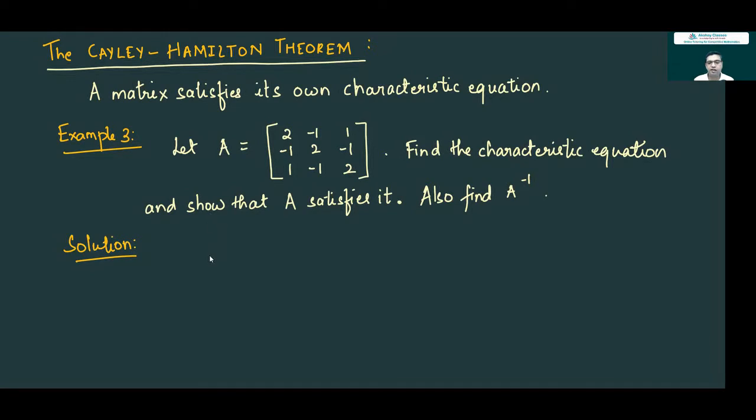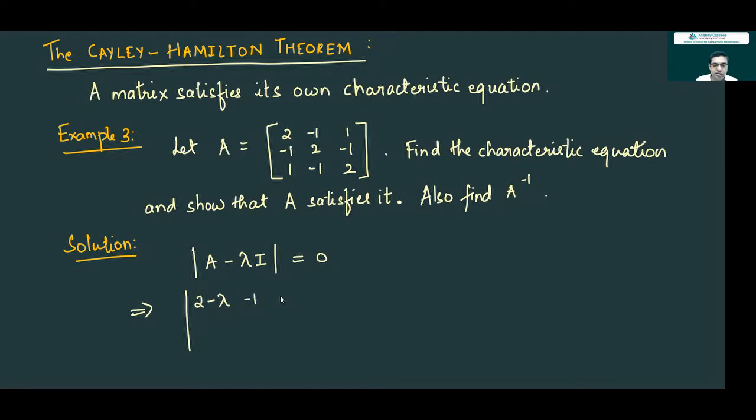So I'm not finding the eigenvalues, eigenvectors. We can do it, but directly the characteristic equation: determinant of A minus lambda I equal to 0. This minus lambda I will only get reflected in the diagonal.